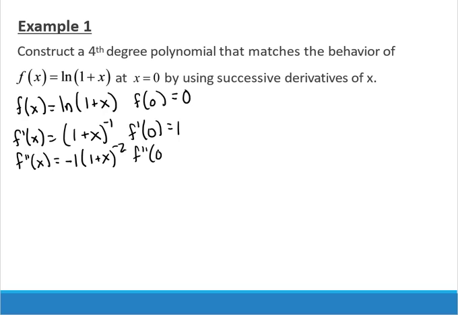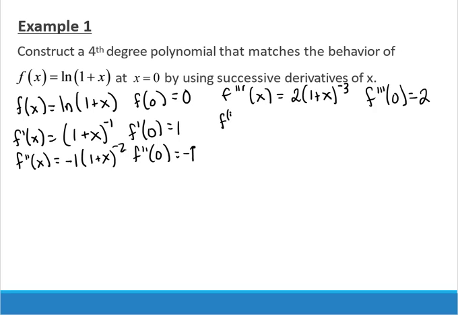The third derivative of x is 1 plus x to the negative third. The third derivative evaluated at 0 is equal to 2. The fourth derivative evaluated at 0 is going to be 6. So I have all of my coefficient values.